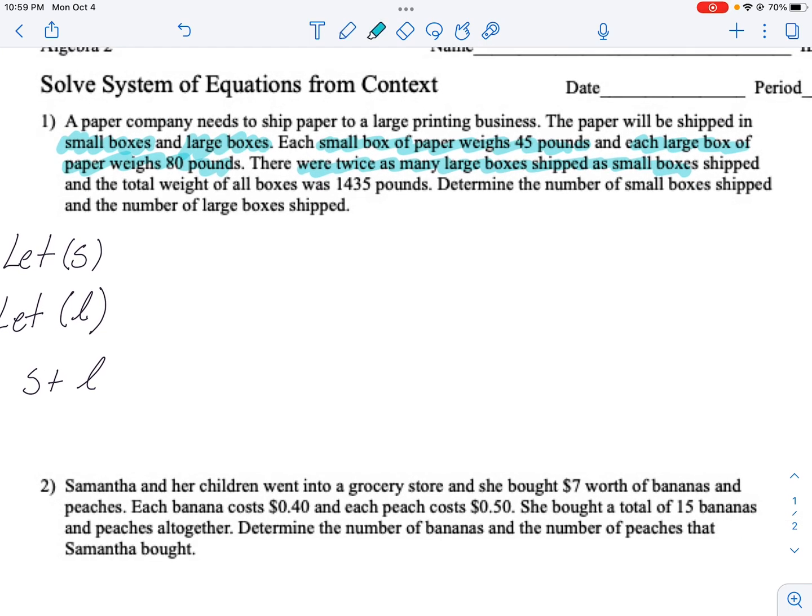And then it says the total weight of all the boxes was 1,435 pounds. Determine the number of small boxes shipped and the number of large boxes shipped.